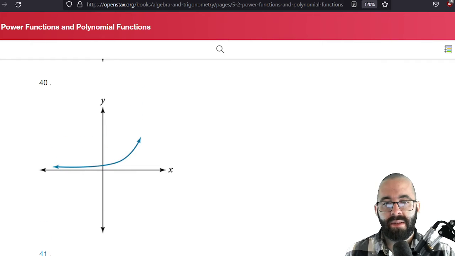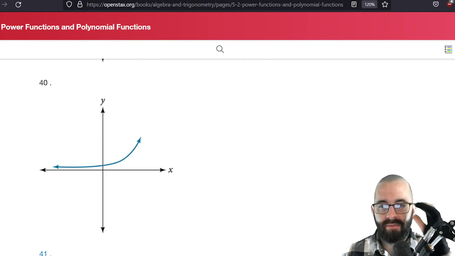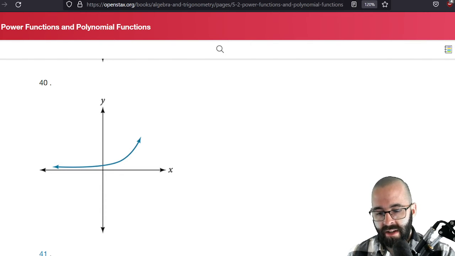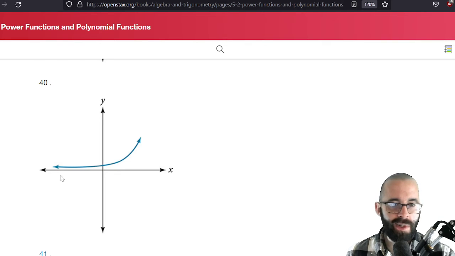Look at this next one. Is this a polynomial? Nope. It looks like an exponential function. Technically, we don't know whether it's an exponential function. It's not a polynomial because it has an asymptote. As we go to the left, there's a horizontal asymptote. Polynomials don't have asymptotes.